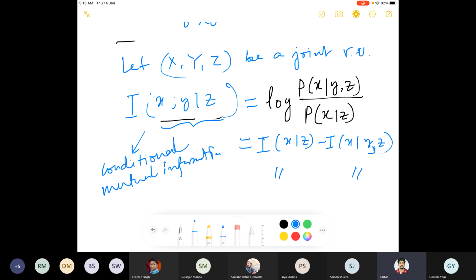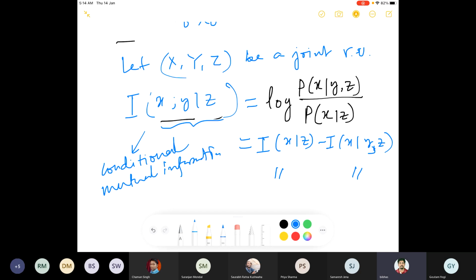Here there are two things. Every concept we are defining originates from the one definition of mutual information. If we assume that the mutual information definition is correct, then all this will follow. So whatever concepts we have defined, now we are just relating them, showing how these concepts are related.